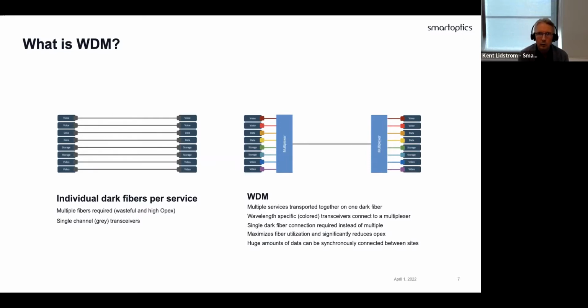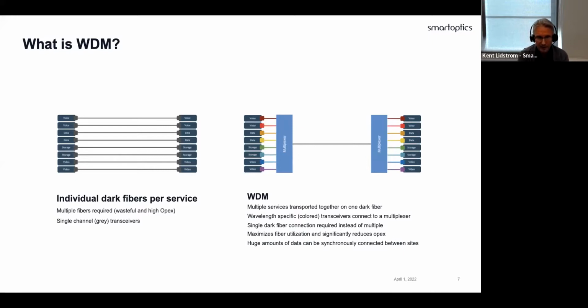But if you need to go longer distances and you need to start to amplify the signals, then you would have to amplify each individual signal in the scenario on the left. While if you multiplex them, you can amplify the entire spectrum with one amplifier and get all wavelengths amplified in one go. So that's the introduction to it.